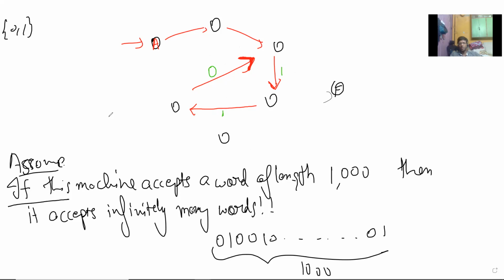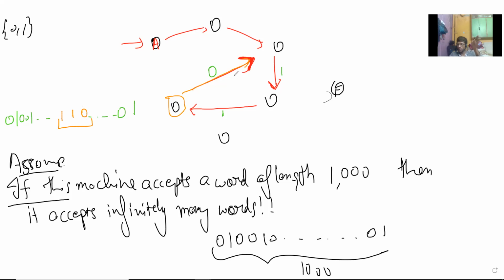Whatever this big word is, at some point it has this thing, 0, 1, 1. There was a certain stage in which it read this 0.